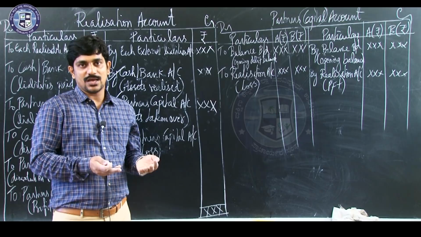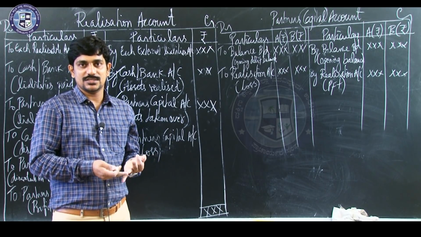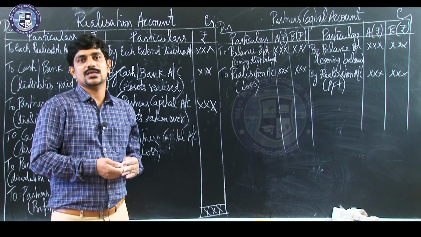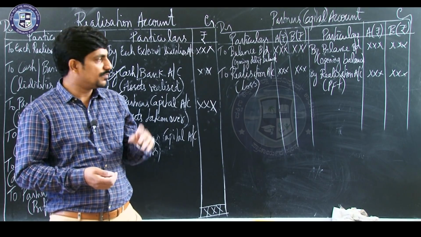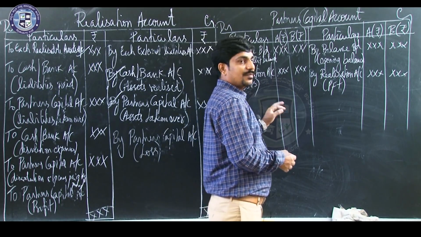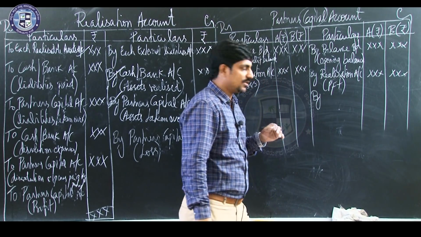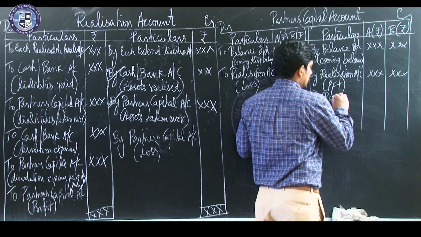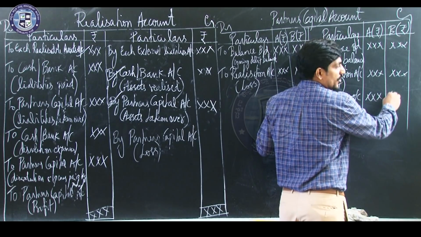In case in the future some liabilities or contingencies arise, they can utilize this reserve. And since it is part of the profit, it will be under the liability side. So liabilities show which balance? Credit balance. So you need to transfer to which side? Credit side, by reserve account.